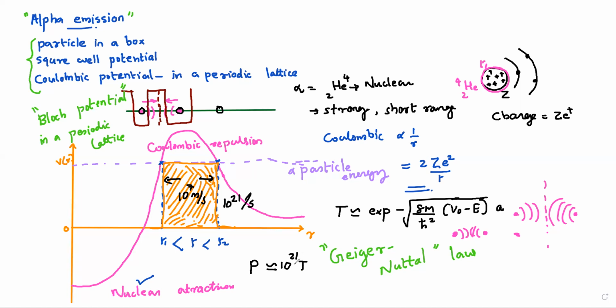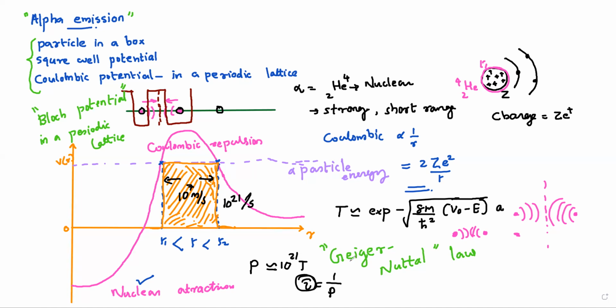The transmission coefficient means the number of transmissions. Sometimes it is transmitted if the energy is greater; otherwise it collides with the wall and goes in the backward direction. By obtaining the probability, the reciprocal of the probability gives the mean lifetime.